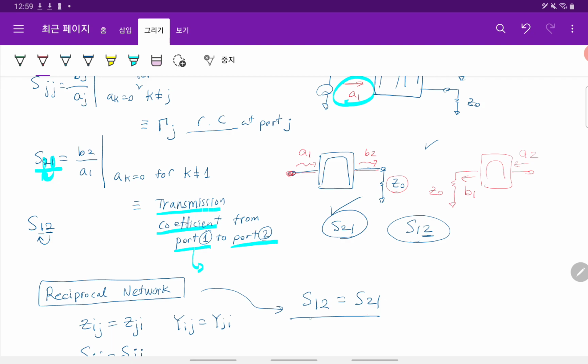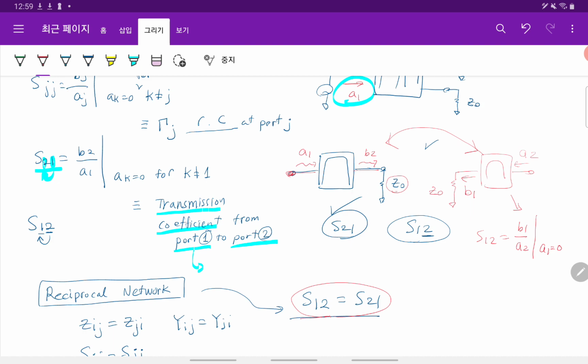So this is the S12 measurement, right? A1 is 0 for this case. So S21 and S12 are the same. That means this circuit or network is reciprocal, right?